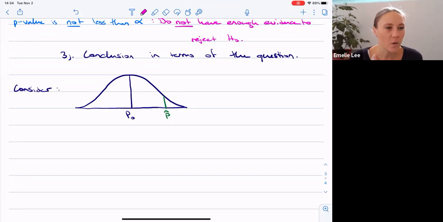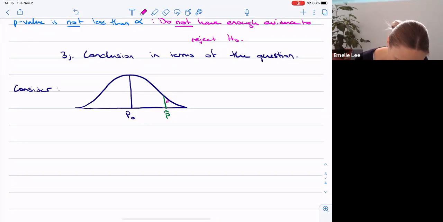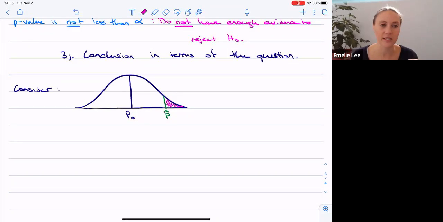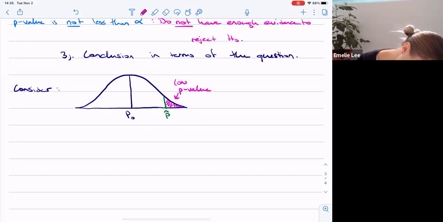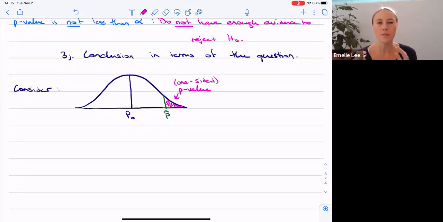So you have some sample proportion here, and how does it compare to your hypothesized proportion, right? This is from the hypothesized value. This area here is the p-value. I'll add a little note here that it's the one-sided p-value, and just for simplicity's sake, let's just consider the one-sided p-value for now.